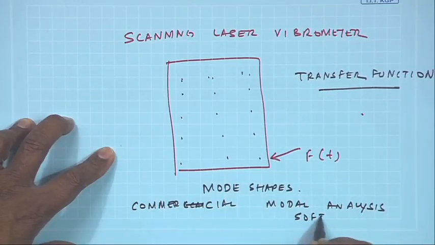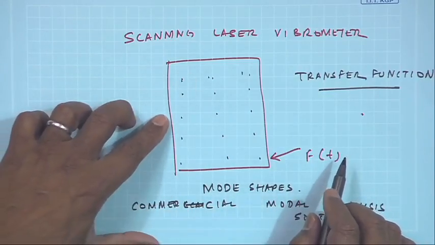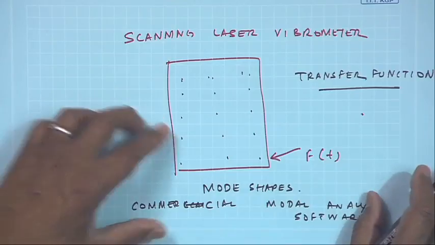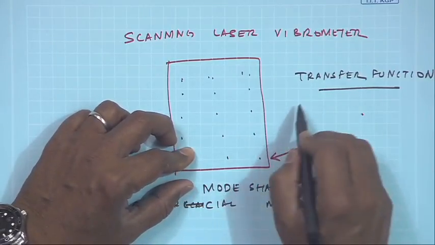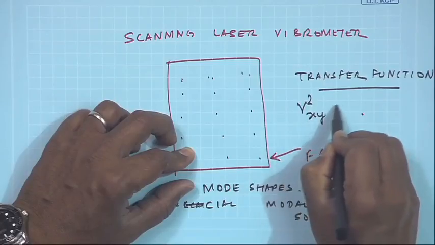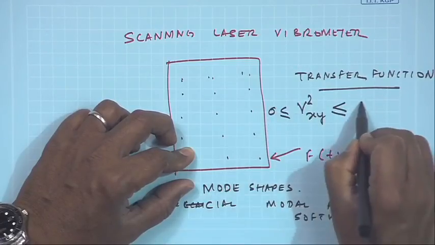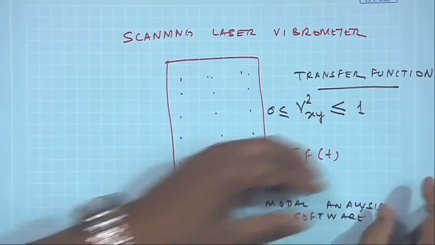Once you have the measured data, they will do a nice animation of how the plate is vibrating at its first mode. Another thing I must tell you: when we are measuring the transfer function, one has to take into account the coherence function.